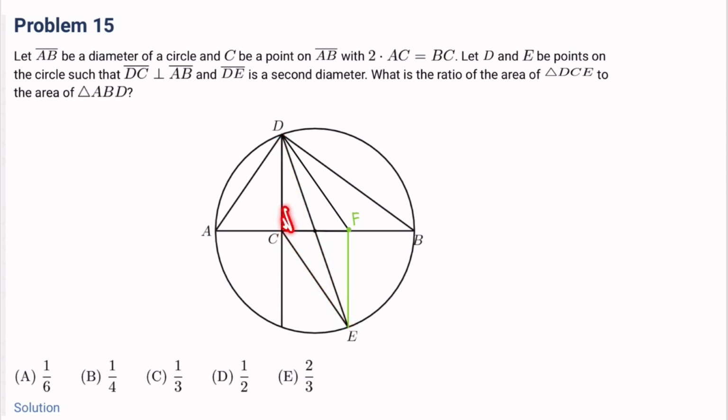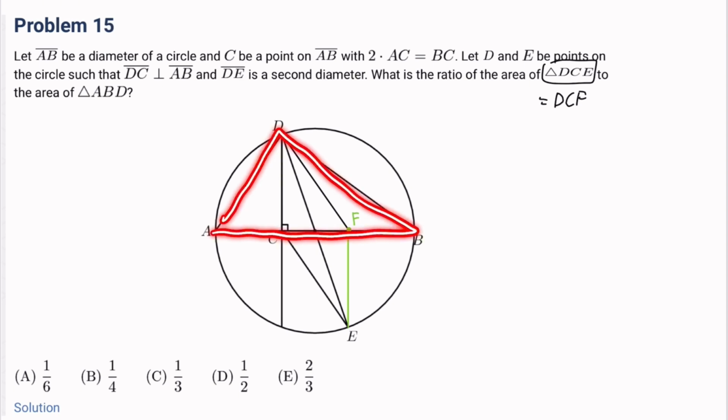And so the area of DCF, that's what we want to get. So DCE equals DCF, right? And now if we compare ABD and DCF, our heights are the same, so the ratio of the areas is just the ratio of the bases, right?